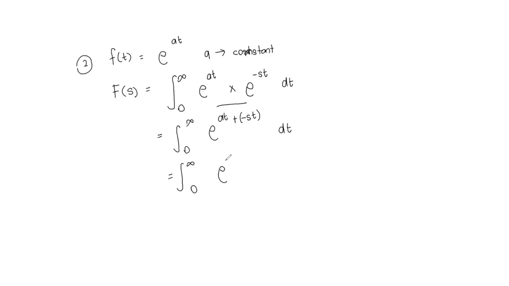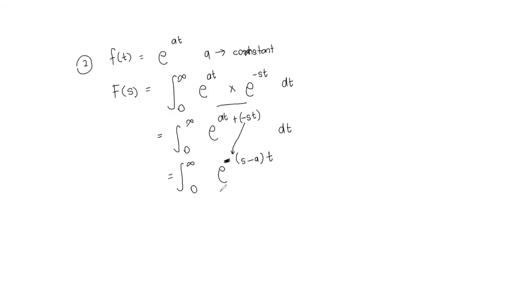So exponential decay, you will have negative here, you will have t here, and inside it, in this case, we will have s, negative here, so you will get negative (s minus a).